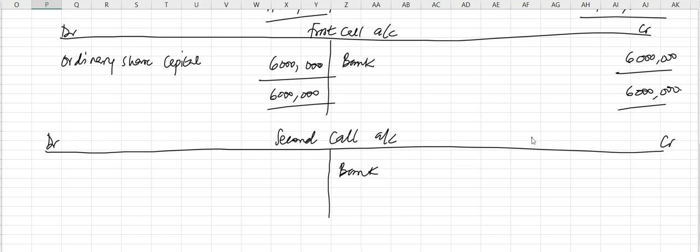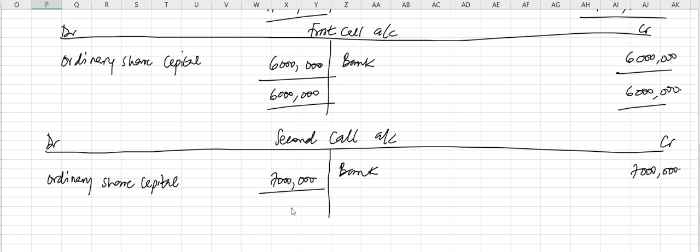Come and credit your second call with bank, that is 7 million. Ordinary share capital to be credited with 7 million. So first call, second call, we have that. You can also now prepare your ordinary share capital account.